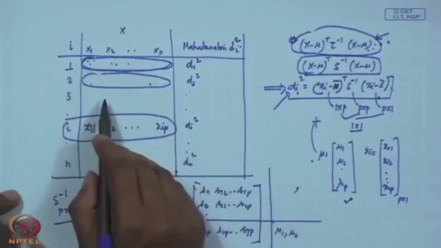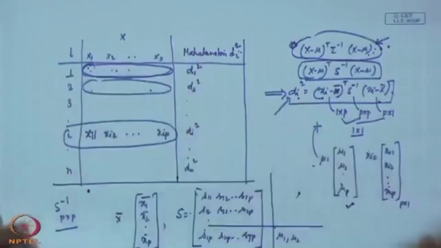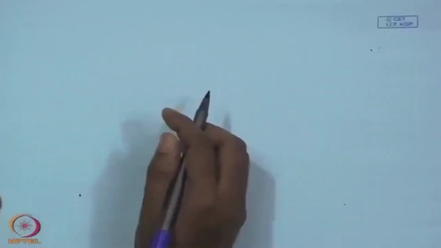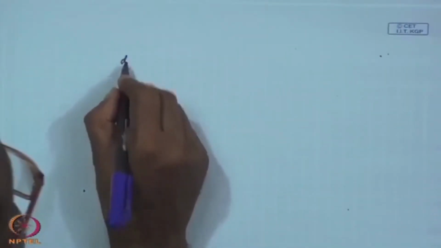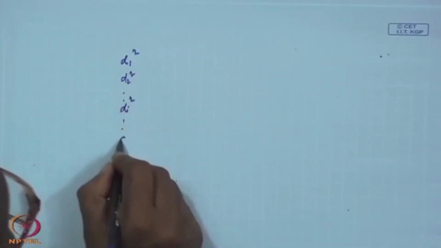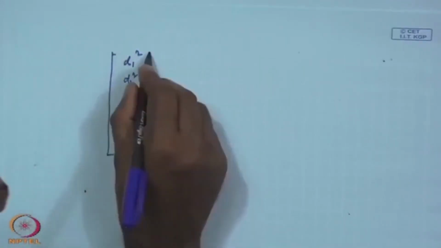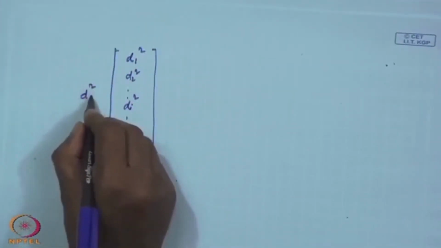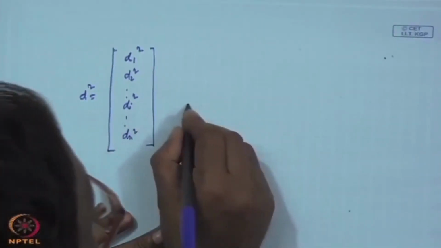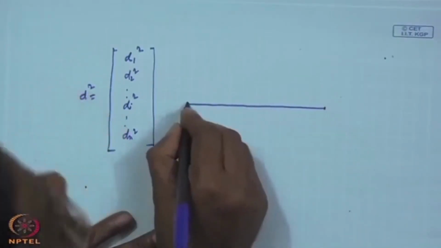Now, depending on the observation value, it will be different. For example, from a set of multivariate observations, you calculated the distance and finally, you got a data matrix like this, d_1², d_2², d_i², then d_n², and this one I am saying is my d² matrix. So, what you require to do now, you have to find out the quantiles.